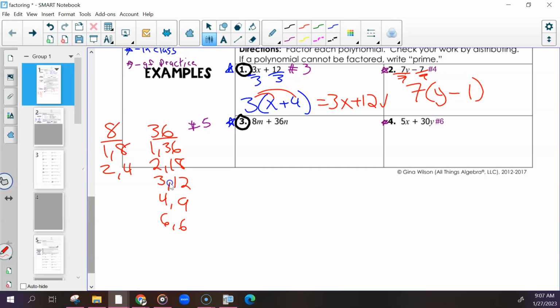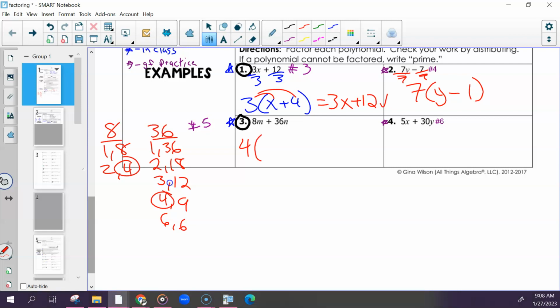Highest number we can divide from both of these things. Okay, so 4. I'm going to stop dividing here, but if you want to keep doing that, feel free. Can we divide any variables out of both of them? No, they're not the same. If they were both n or both m, then sure, but they're different.